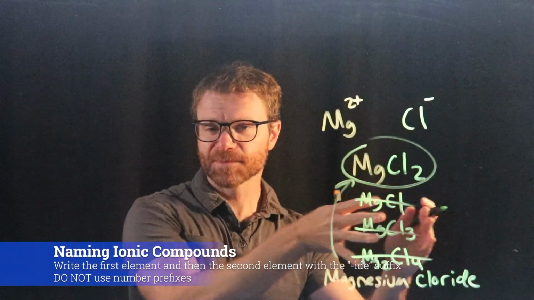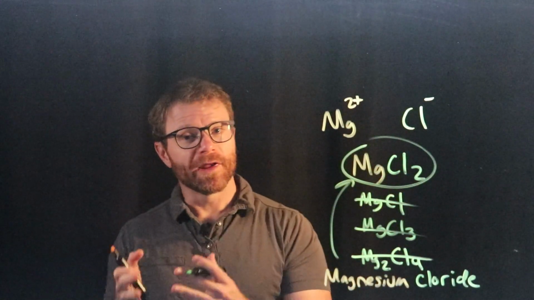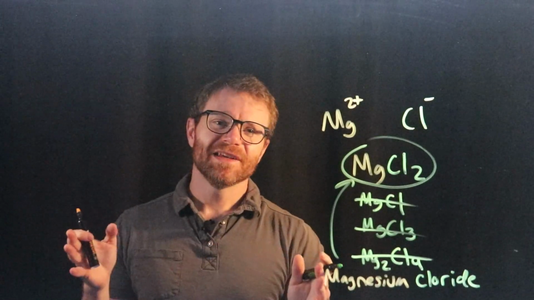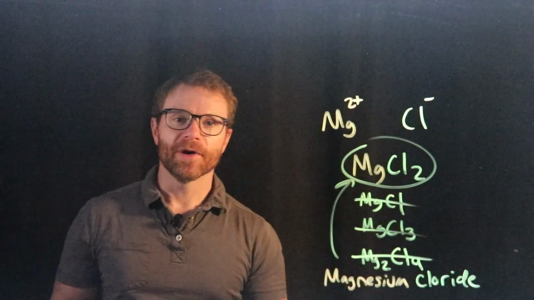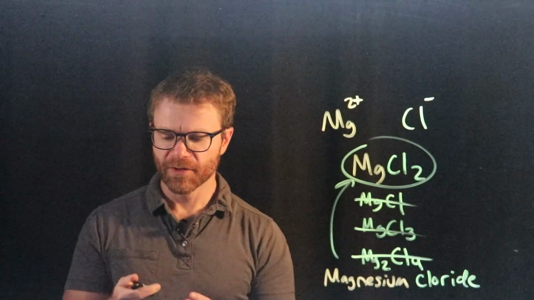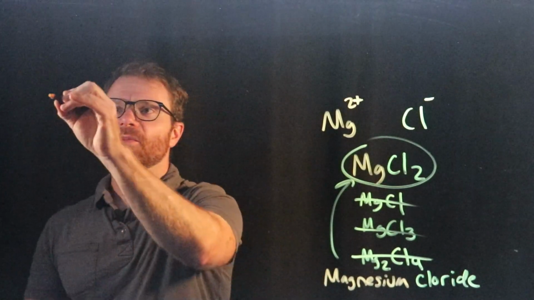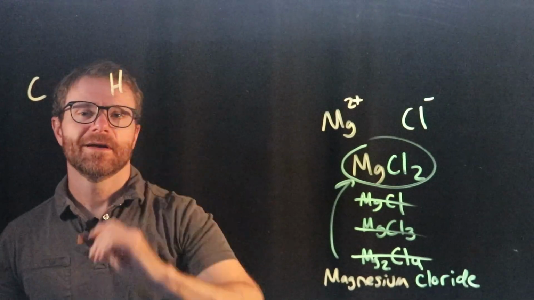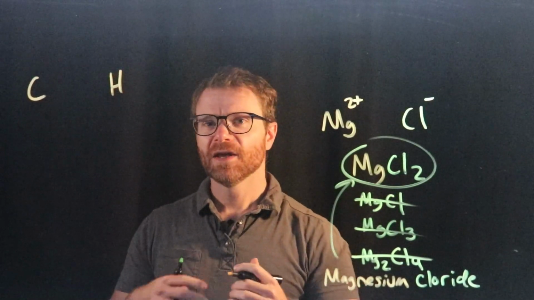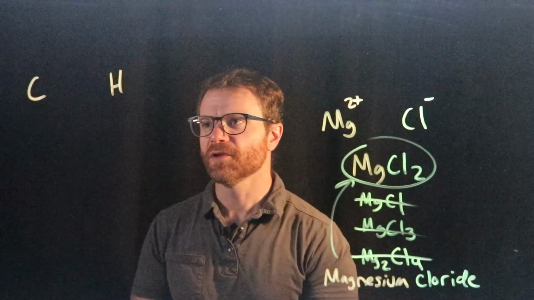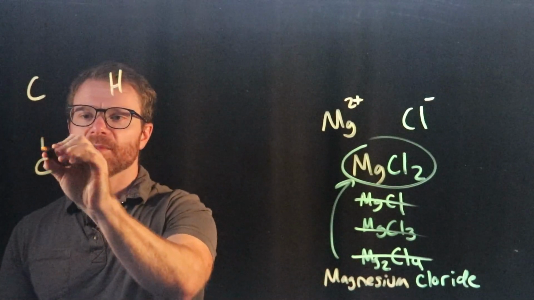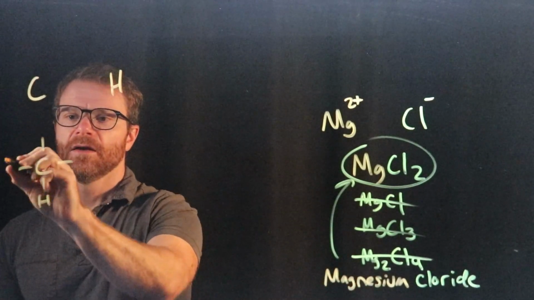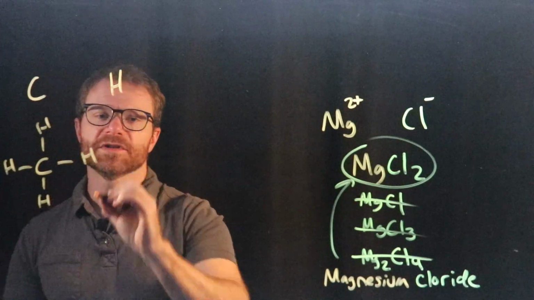Now with covalent compounds, that's actually out the window because there's lots of different ways of putting them together. Let me give you an example. Let's say we had the element carbon and the element hydrogen, right? Here are just a few different ways we could put that together. We could have 1 carbon surrounded by 4 hydrogens.